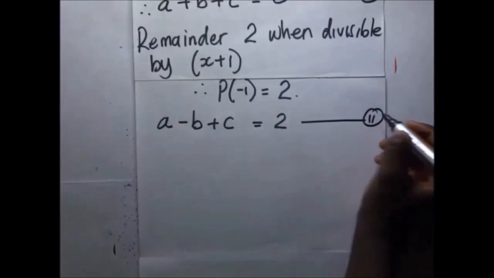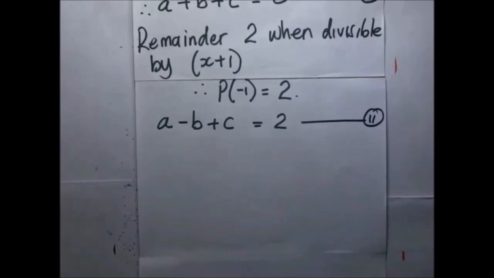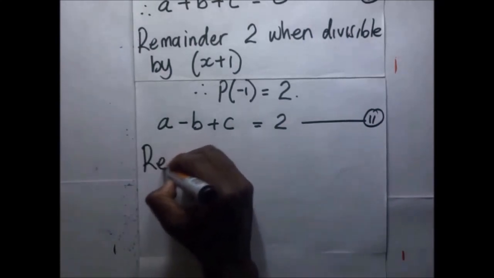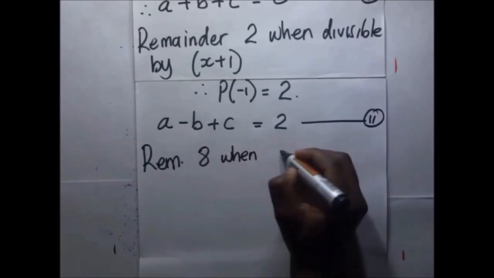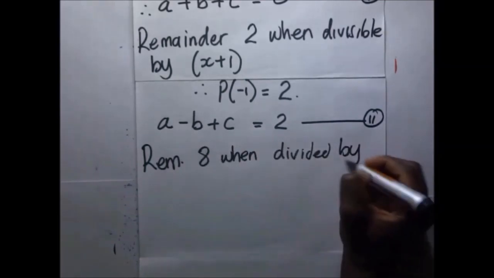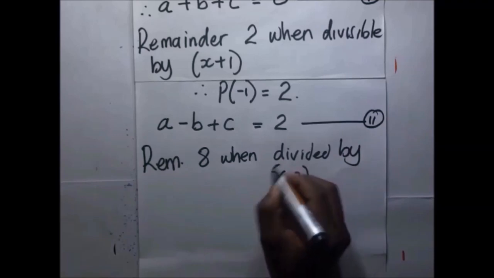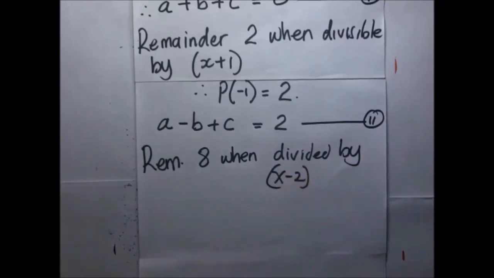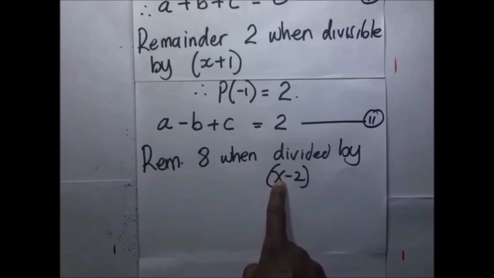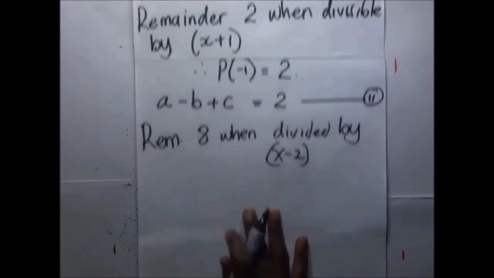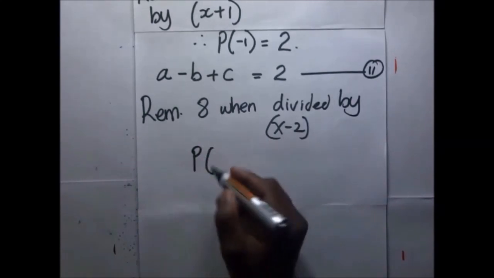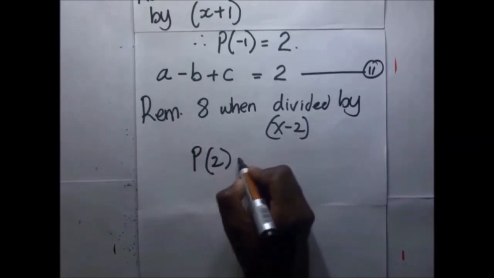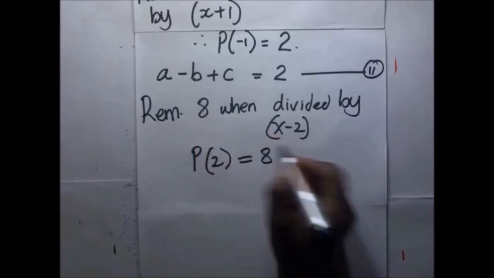That's our second equation. Then in our third statement, they are telling us it gives us a remainder of 8 when we make x the subject of the formula here, it means that our value of x is going to be equal to 2. So it means that the value of our polynomial when x is 2 is equal to our remainder, which is 8.